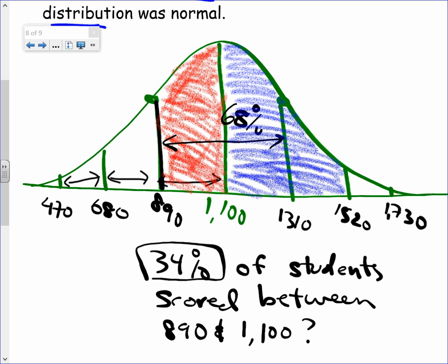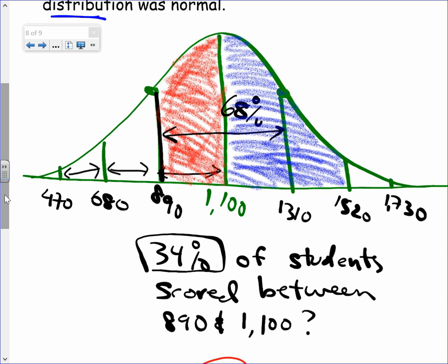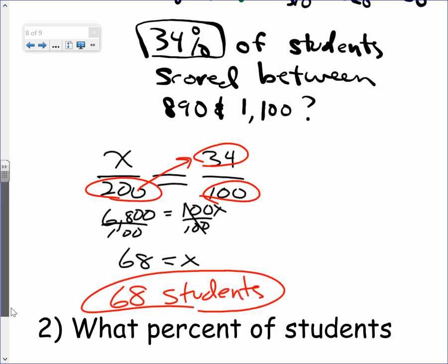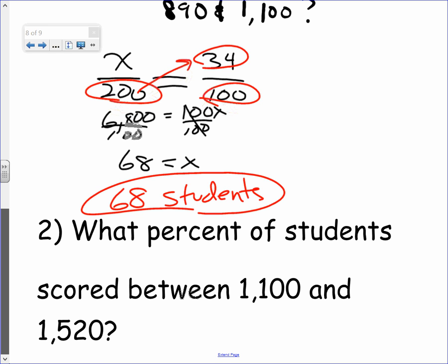What percent of the students is that? What do you guys think? 47.5? How'd you get that, Mr. Pinello?